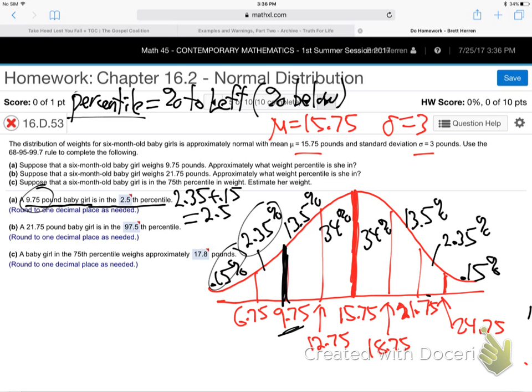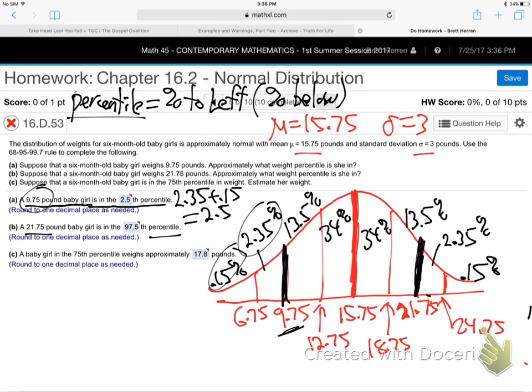All right, so question B, a 21.75 pound baby girl, that's certainly a bigger baby girl, a 97.5, is at what percentile? Again, percentile means percent below. So 21.75, it's right there.